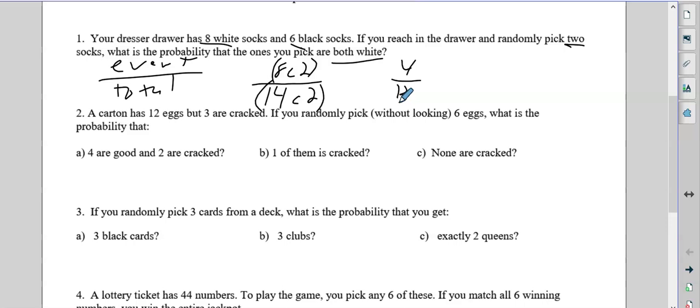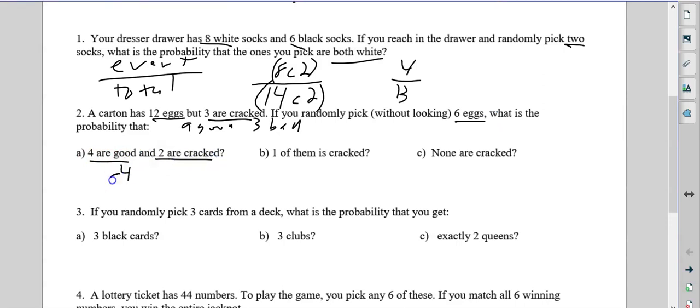Remember, probability is done as a fraction. All right, a carton has 12 eggs, but 3 are cracked. Okay, so 3 bad ones. So we have 9 good and 3 bad. If you randomly pick, without looking, 6 eggs, what's the probability you get 4 good and 2 cracked?